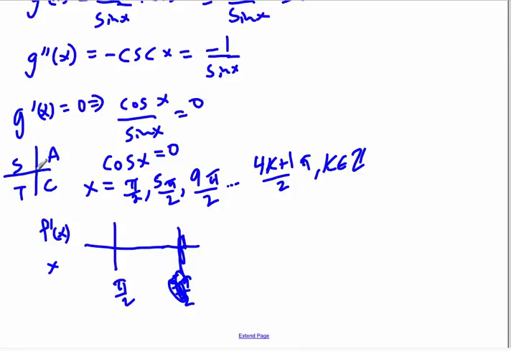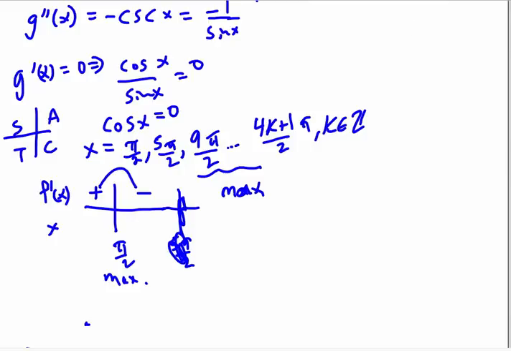If we have a larger angle than pi over 2, then we're in this region, and cosine divided by sine will give you a negative number. When you have a smaller angle, they're both positive, and you get a positive number. That's going to work for all of them. You're going to get increasing and then decreasing, so we have a maximum. All of these are maximums.